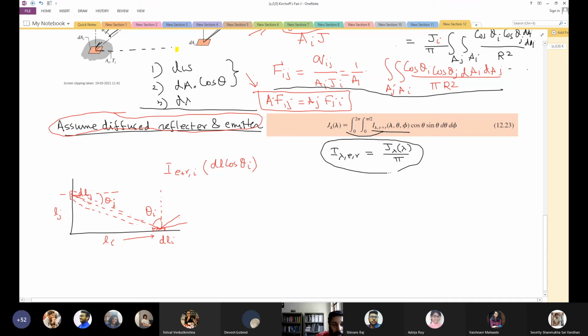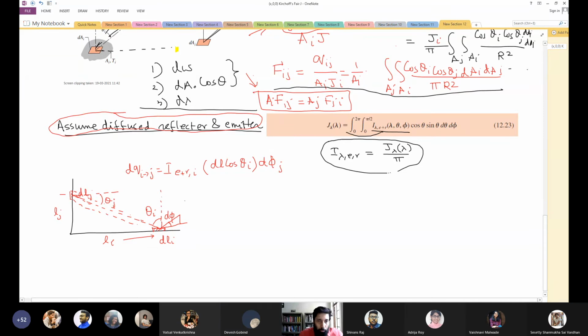So if some surface is here, this is d phi j, that is, the length j that subtends that angle on I. Agreed? So that is our dq I to j. Do you agree to that? Yes, sir.